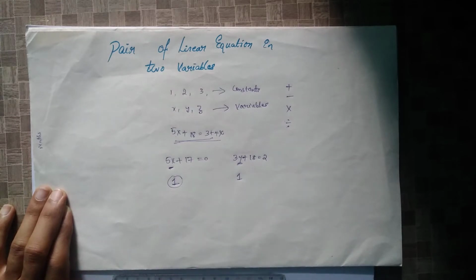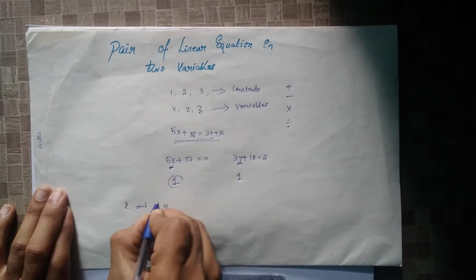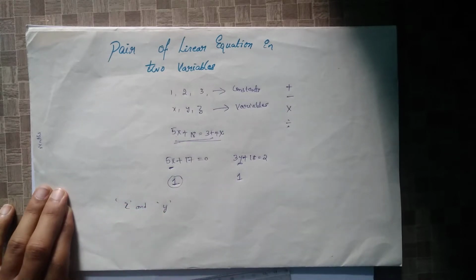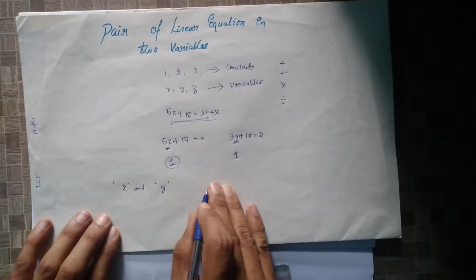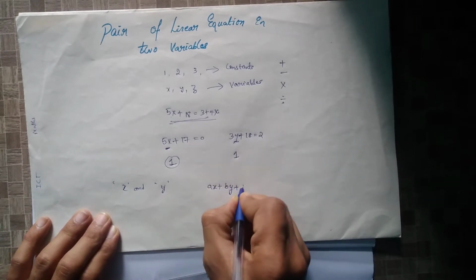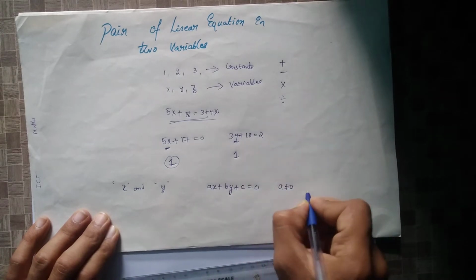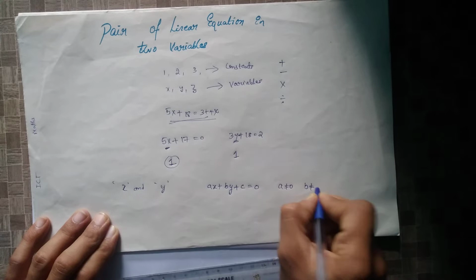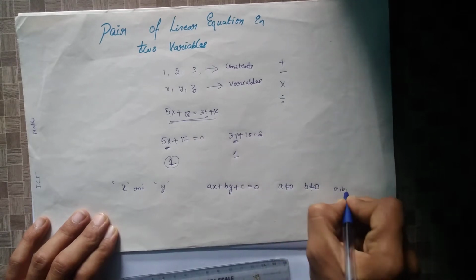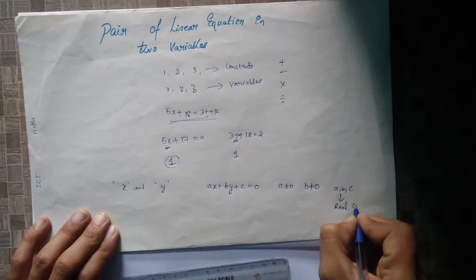Next we discuss linear equations in two variables. A linear equation in two variables, say x and y, is usually represented in the following forms: ax plus by plus c is equal to 0, where a is not equal to 0, b is not equal to 0, and a, b and c are real constants.